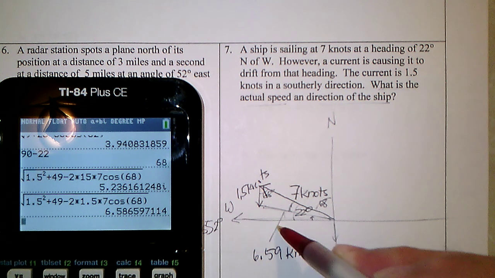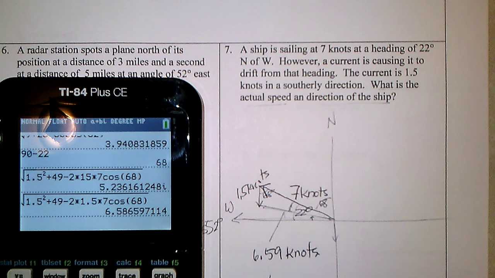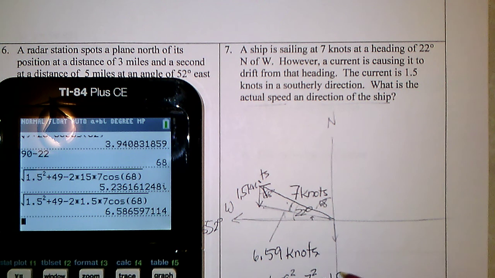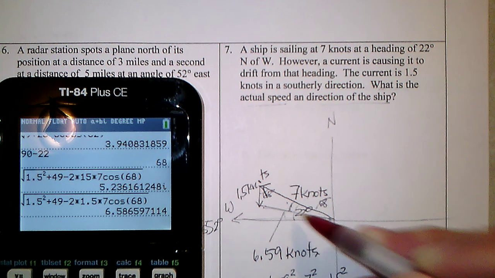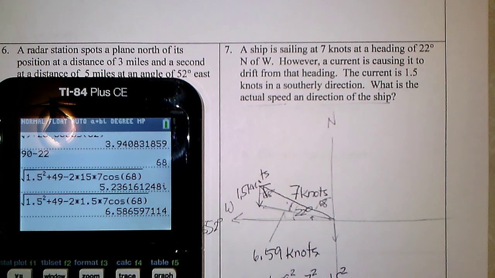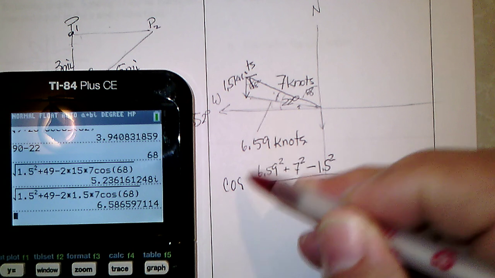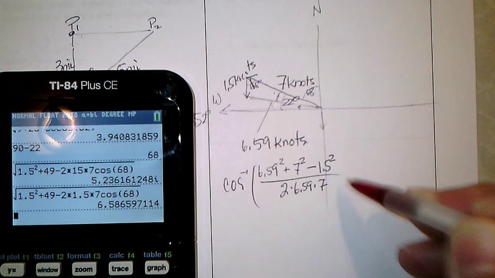So I do the two adjacent sides, 6.59 squared plus 7 squared minus the side opposite, 1.5 squared, over 2 times the two adjacent sides, 6.59 times 7, and do cosine inverse of this.